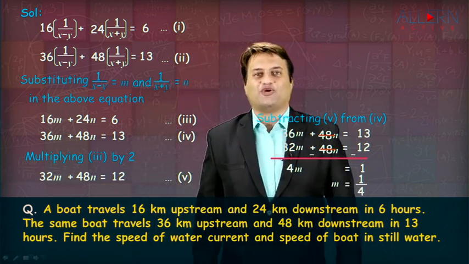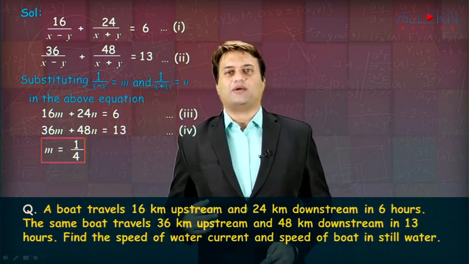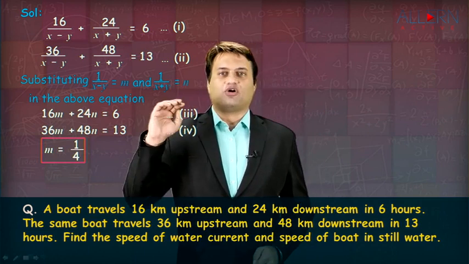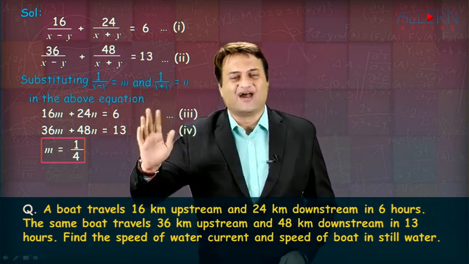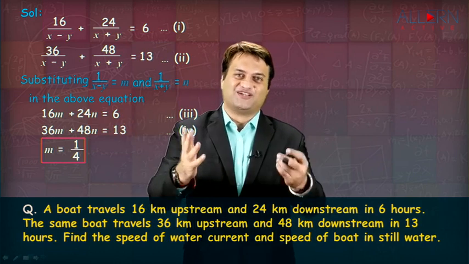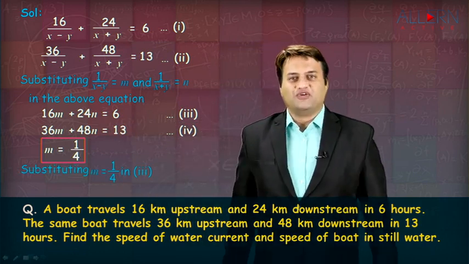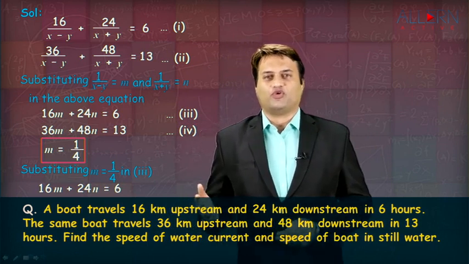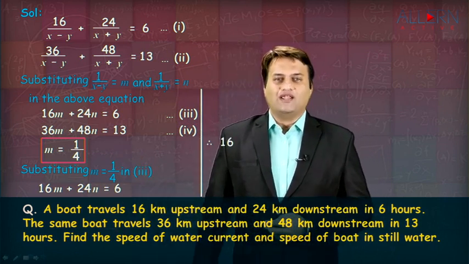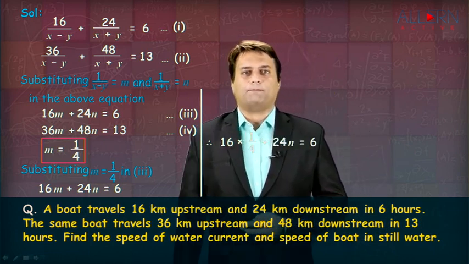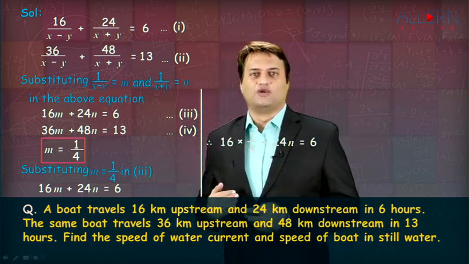Once we get the value of m, let us substitute this value of m either in the first or the second or the third or the fourth equation. Not in the first and second, right? Only either in the third or the fourth equation. The choice is yours. Now if we substitute m is equal to 1 upon 4 in the third equation, we get 16 into 1 upon 4 plus 24n is equal to 6.